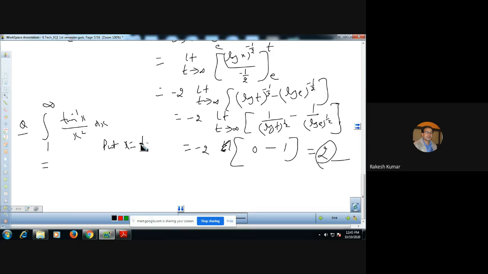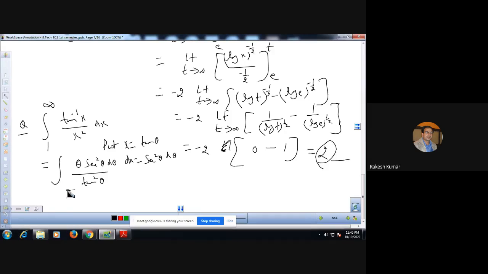Put x is equal to tangent of theta, and dx will be secant square theta d theta. And what about the substitution? Tangent inverse of x, tangent will be gone out. That will be theta, and dx will be secant square theta, divided by tangent square theta.